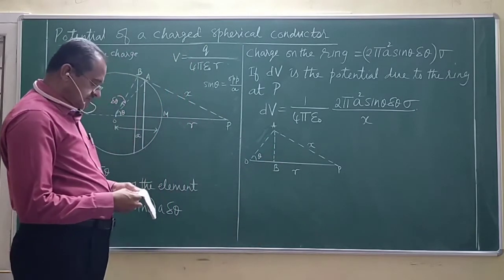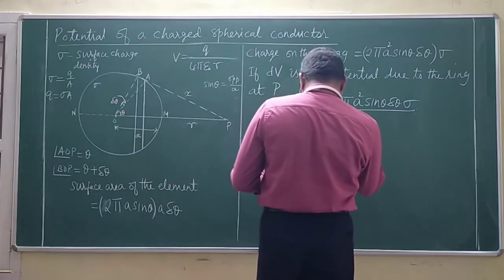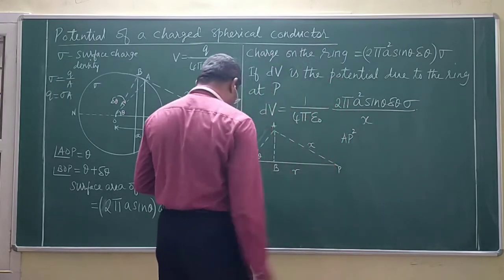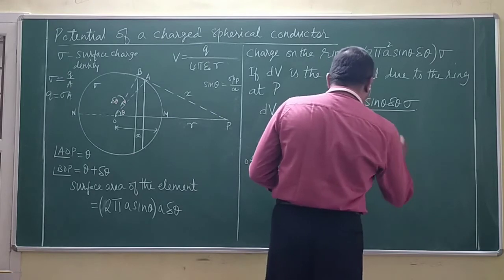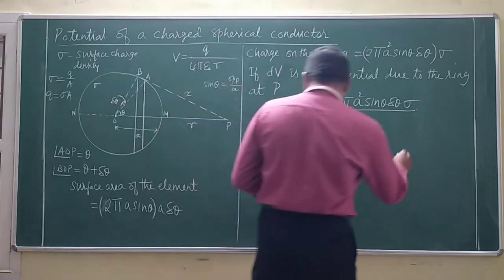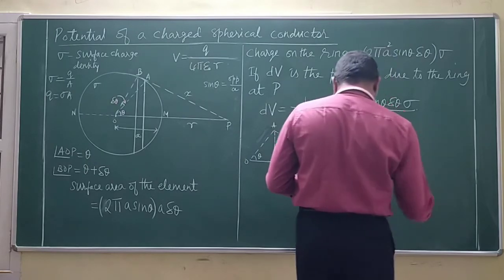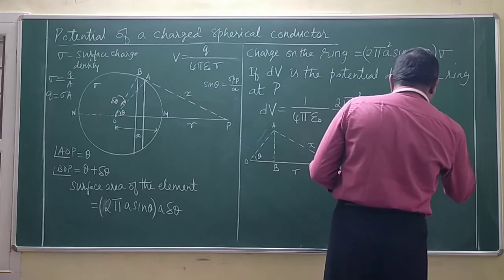Now, the geometry of this can be written as, supposing I want AP square. AP square is equal to OP square plus OA squared minus 2 OP into OB.